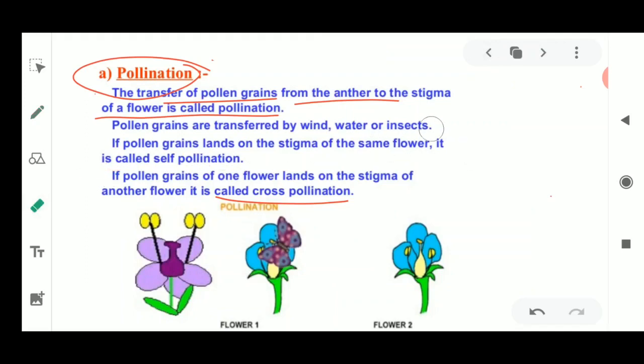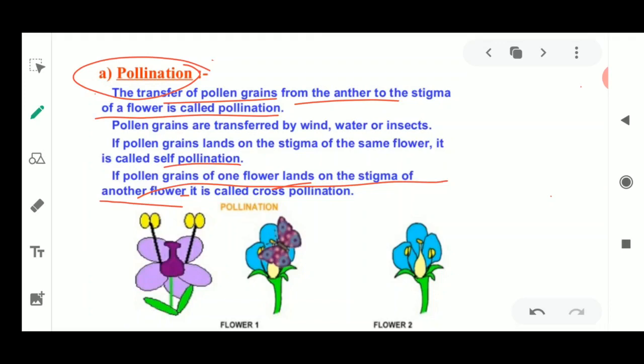Now if the pollen grains land from the stigma of one flower onto another flower, it is known as cross pollination. Got it? So if the stigma is of the same flower, and the stamens, the pollen grains, are also from the same flower, then it is known as self pollination.